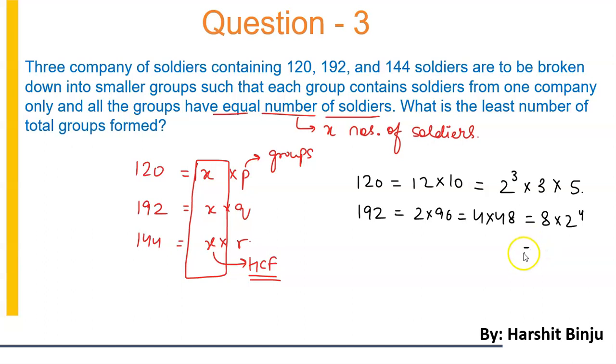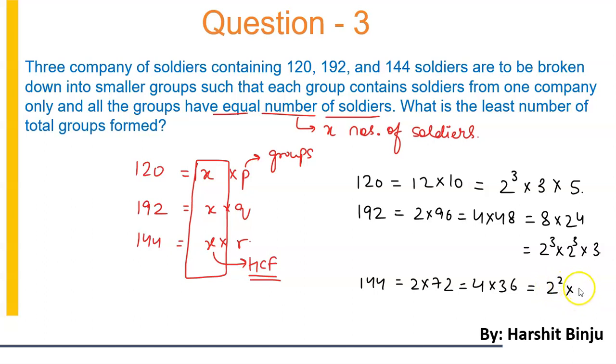So 8 is 2 cube, and 24 is again 2 cube into 3. And if you talk about 144, that is 2 into 72, that is 4 into 36, so that is 2 square, and 36 is 6 square, which is 2 into 3 whole square, that is 2 square into 3 square.